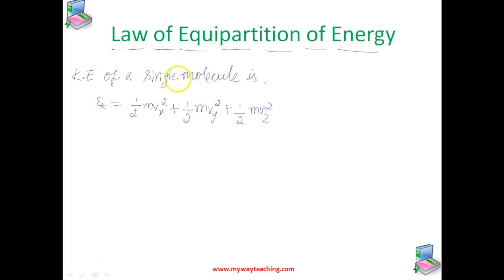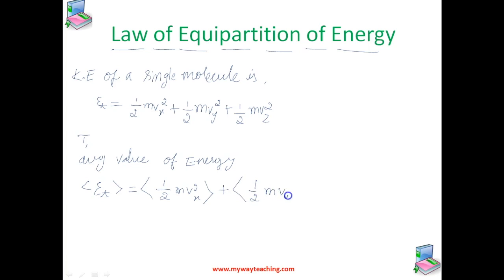For a gas in thermal equilibrium at temperature T, the average value of energy is given by 1 by 2 m vx square plus 1 by 2 m vy square plus 1 by 2 m vz square is equal to 3 by 2 kB into T, isn't it?